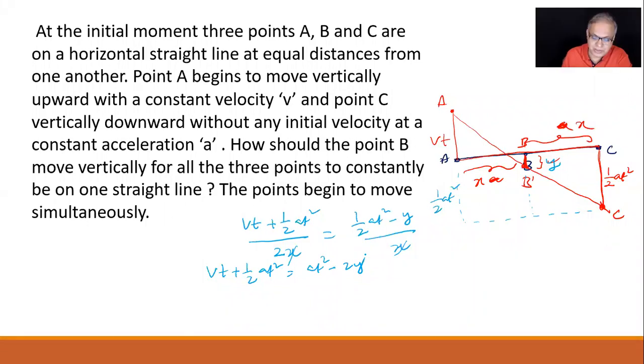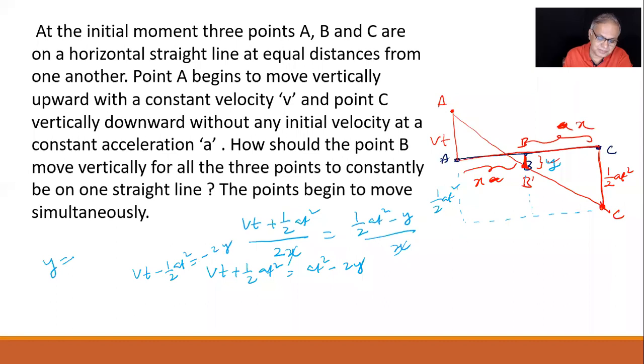And what do I want, children? y, isn't it so? So what will be y? This at square coming this side becomes what? Vt minus half at square equals minus 2y. What do I get for y?